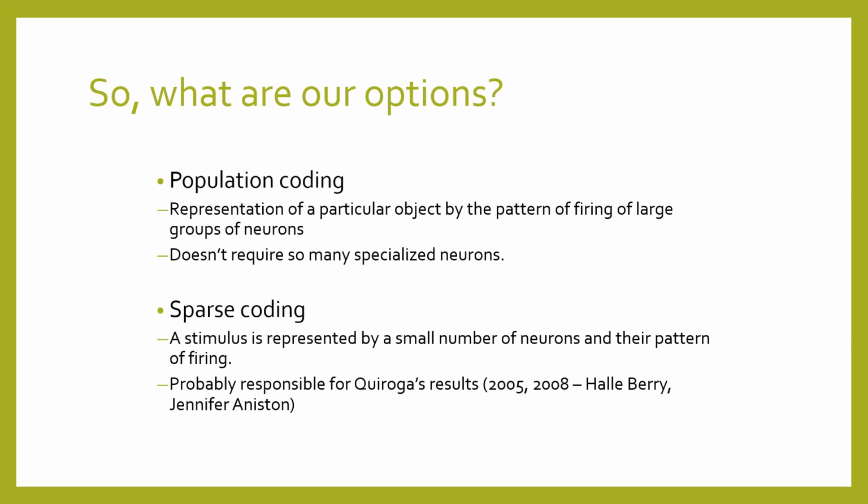So this way we don't need specialized neurons for each specific object that I've ever experienced in my life. Another option is sparse coding. So we have a relatively small number of neurons, and it's their pattern of activation that is going to tell us this is the object that I'm looking at.